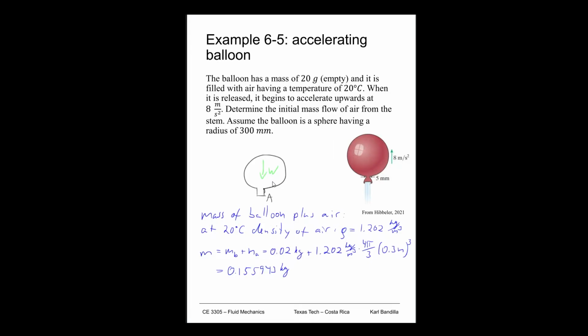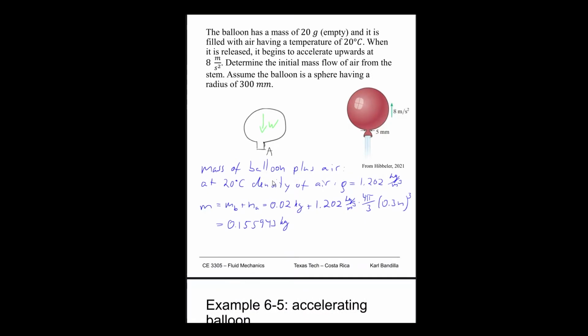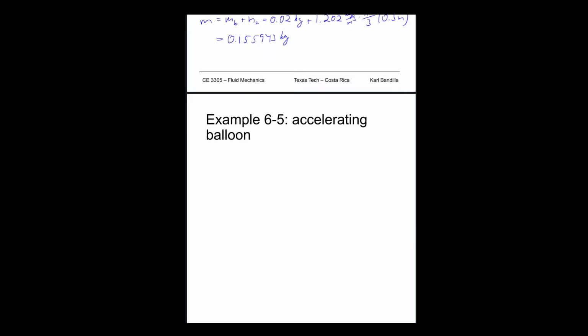Now we need the weight of the balloon. So the weight is different than the mass here. So we're not just going to take the mass and multiply that by g, because of course the air that's inside of the balloon is canceled out by its buoyancy, right? So we don't have to worry about the air inside. We just take the mass of the balloon. So weight of balloon without air would be W is equal to M times g.